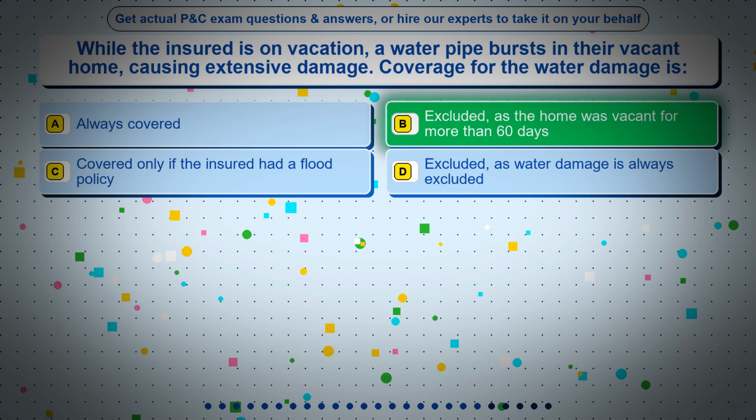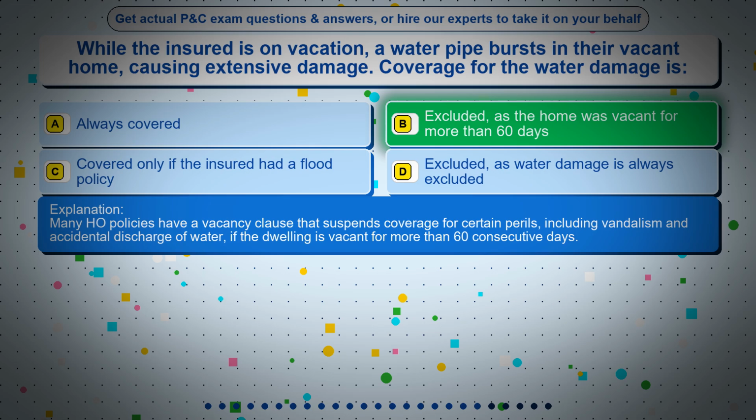The correct answer is option B. Excluded, as the home was vacant for more than 60 days. Many HO policies have a vacancy clause that suspends coverage for certain perils, including vandalism and accidental discharge of water, if the dwelling is vacant for more than 60 consecutive days.